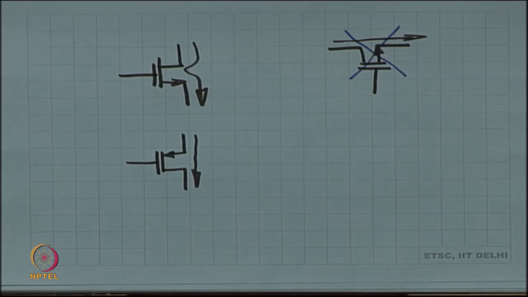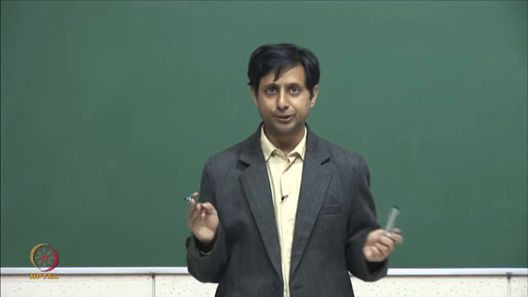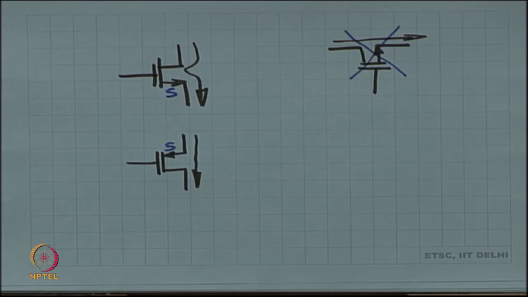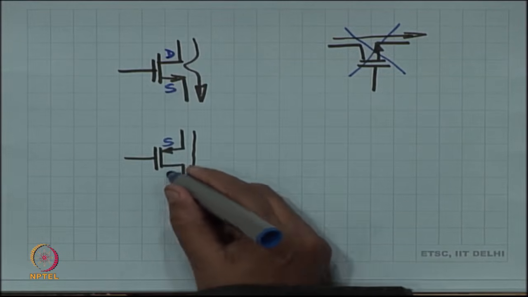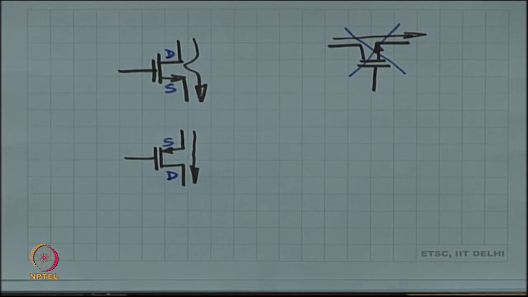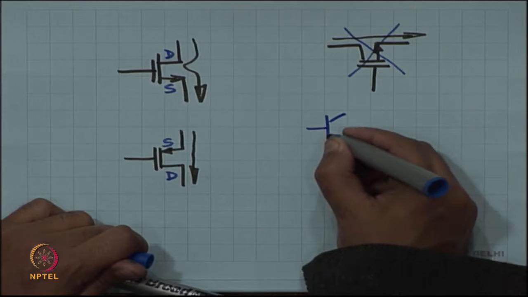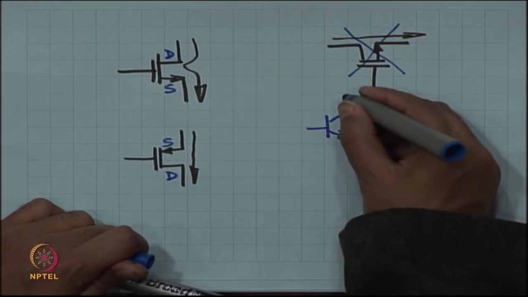So, these are some of the conventions. Quick thing to remember is that the arrow of the device is always on the source, never on the drain. The arrow is always on the source, whether it is PMOS or NMOS. The other terminal is the drain. Is that fine? And likewise, when you draw the BJT, the arrow is always on the emitter.